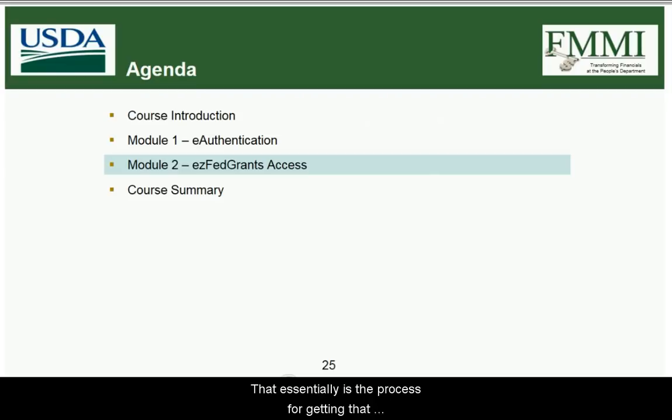And that essentially is the process for getting that eAuthentication account. Again, it is necessary so that they can verify that you are who you say you are. It should make things more secure for your organization, to allow people to get access to financial data for your organization.